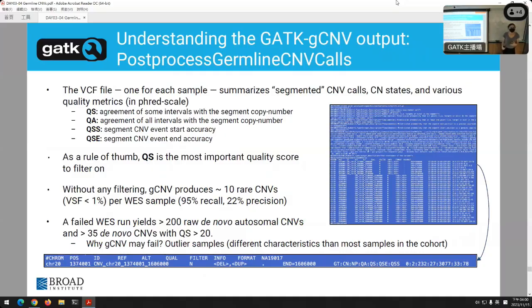So it had different patterns of variation in the read count, and GCNV was then not able to accurately determine where the copy number variants are. So if that happens, you should not use that GCNV output that has over 200 calls in an exome, but you could try retraining your GCNV model with more samples that are similar to that outlier sample.